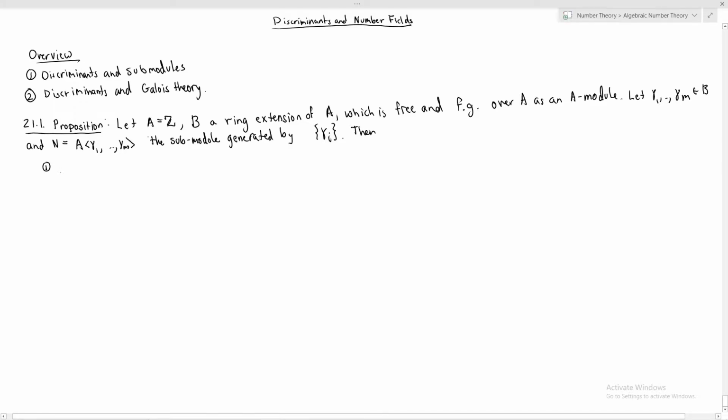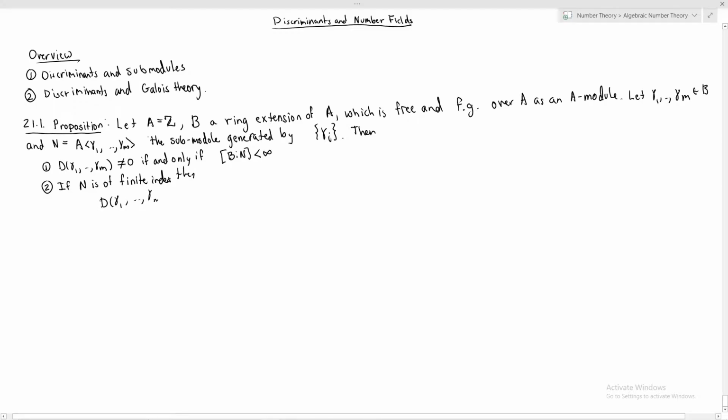One: the discriminant of these guys is not equal to 0 if and only if N has finite index in B. Okay, and two, if N is a finite index, then the discriminant of these guys.